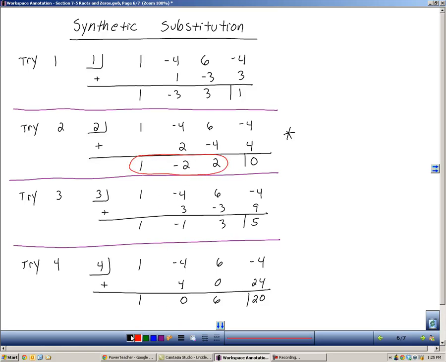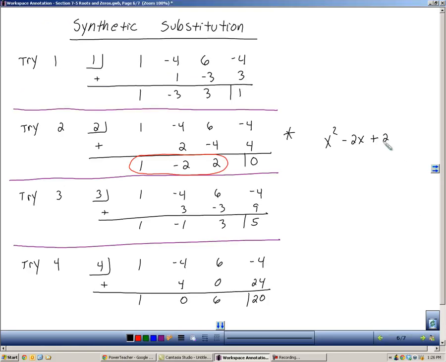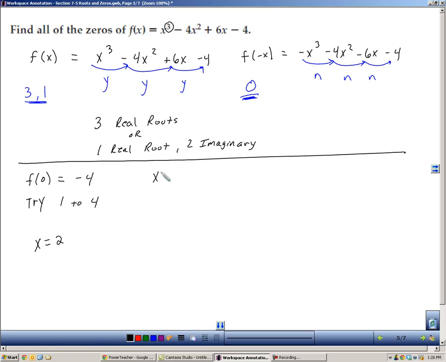And that depressed polynomial, that x squared minus 2x plus 2, because that's what these numbers represent, they represent the coefficients, that new depressed polynomial can then be used to find the 2 imaginary solutions that I have. So I'm going to go back here, and I'm going to say that one of my solutions, x equals 2, I found that on the last screen, but now I have this new depressed polynomial, x squared minus 2x plus 2.